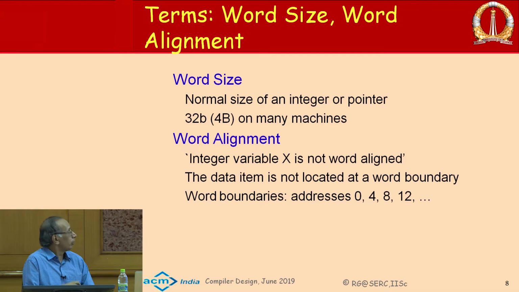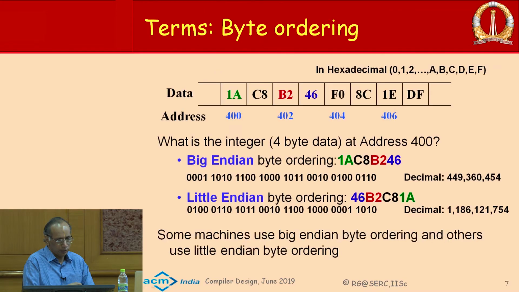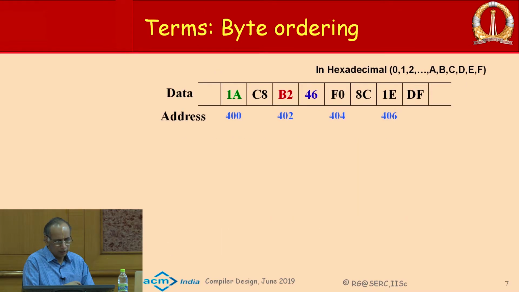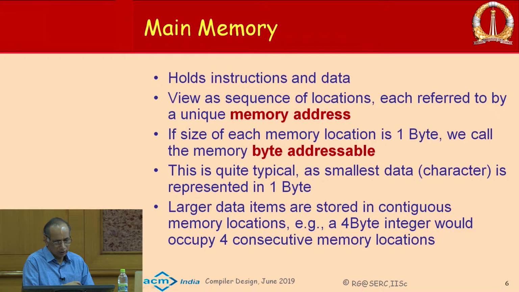In the computer, anything which is 4 bytes long we are going to call a word. Let me just go back a couple of slides and see whether I talked about it. Okay, I didn't talk about it.